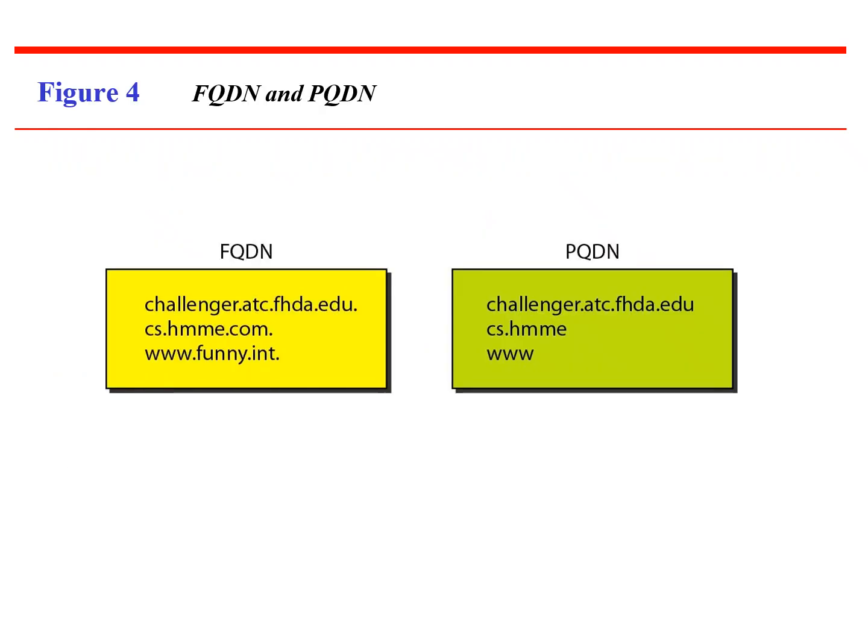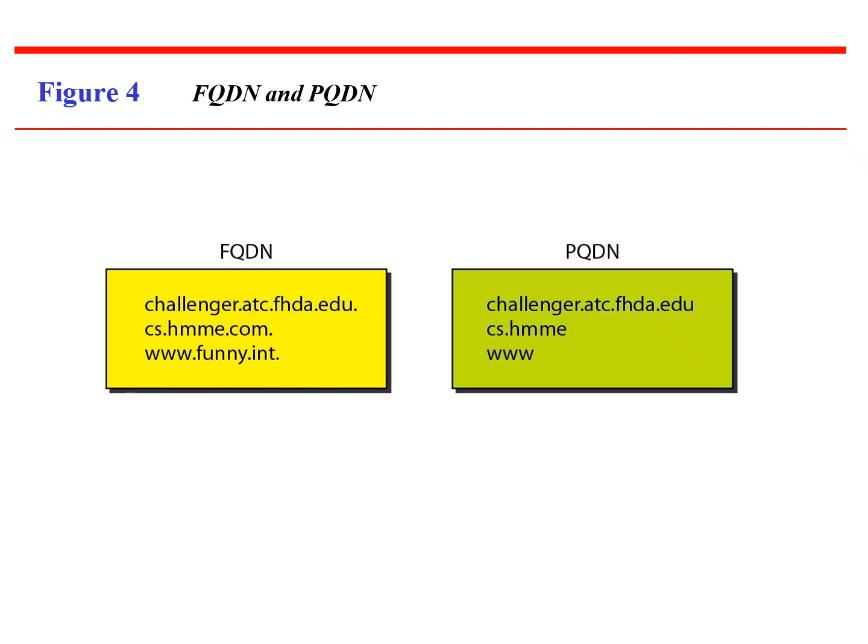Let us look at this example. Here they have shown the difference between a fully qualified domain name and a partially qualified domain name. A fully qualified domain name, as I already told you, has to end with a dot. If you look at this, we have challenger.atc.fhda.edu. and www.funny.int. Here they always end with the dot.